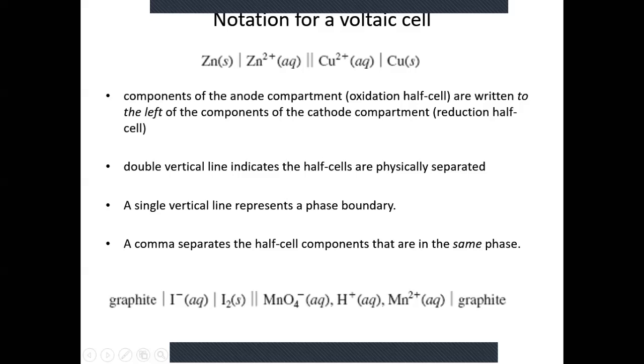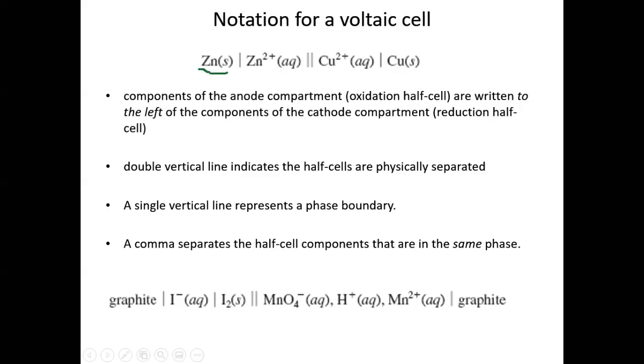So let me show you something here. This slot, which I've labeled 1, 2, 3, and 4. 1 and 3 are reactants. 2 and 4 are going to be your products.